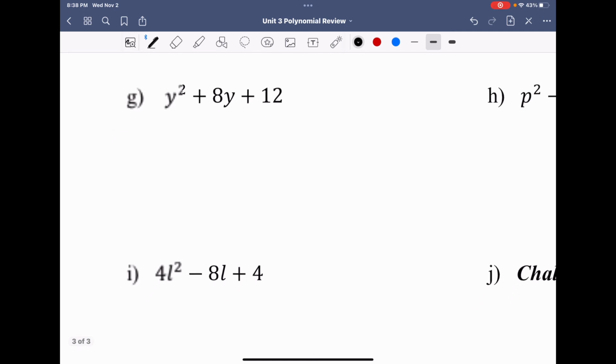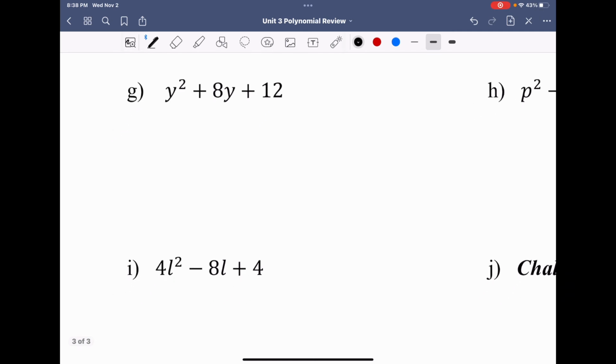All right, now I go down to example G. It can be done by factoring by inspection. Why? Because the coefficient of our degree 2 term is 1, or a is equal to 1, more specific terminology there. So if a is equal to 1, we know we can do this by inspection.